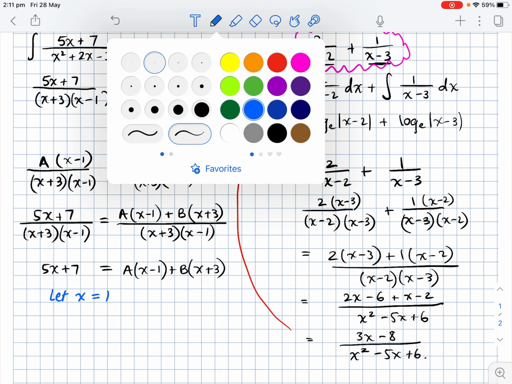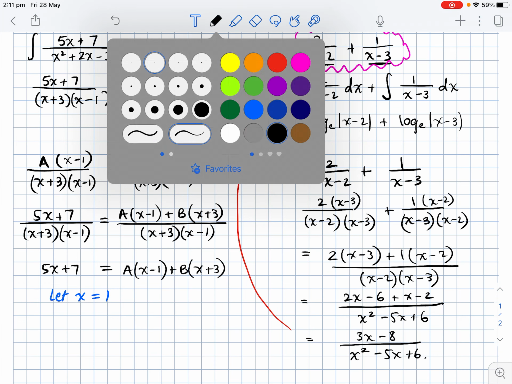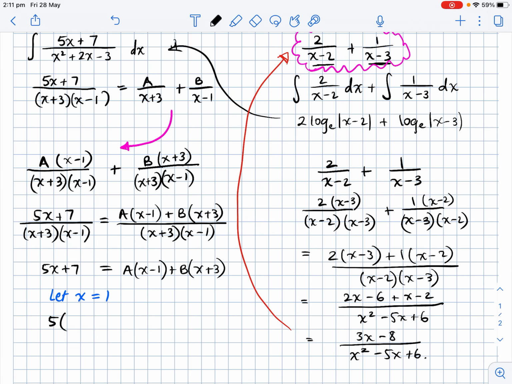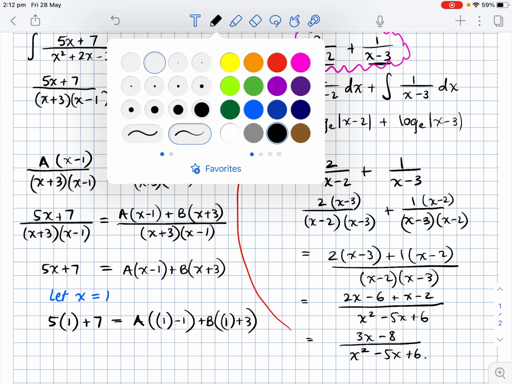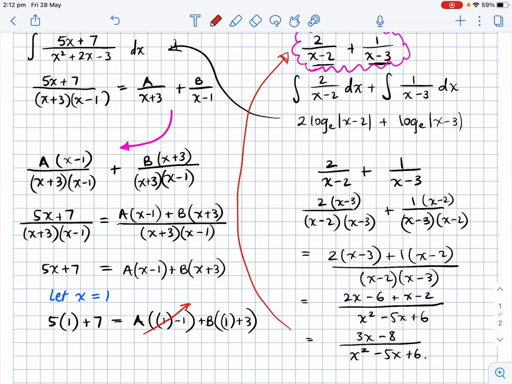Now if I choose x being equal to 1, my expression ends up looking like 5 times 1 plus 7 on the left hand side. On the right hand side I get a times 1 minus 1 plus b times 1 plus 3. Now the bonus of choosing 1 for x is that this first part of the expression that's got an a attached to it will just cancel out.